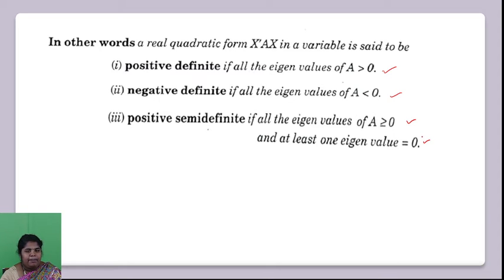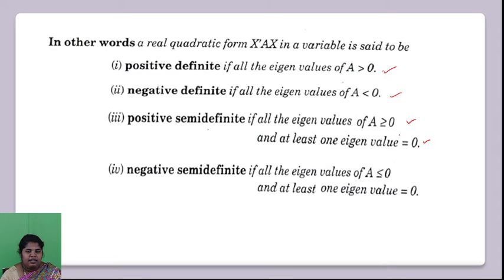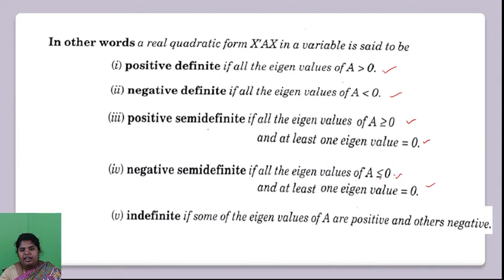And if one eigenvalue is 0 and the remaining eigenvalues are less than 0, then it is said to be negative semi-definite. Now if we have some eigenvalues as positive and some as negative, then it is said to be indefinite.